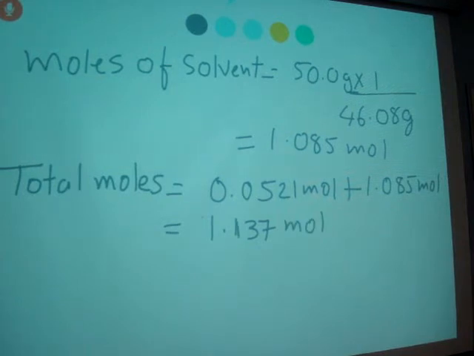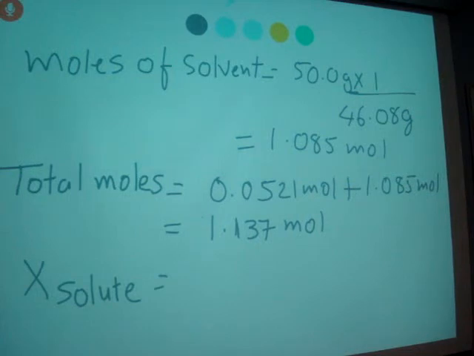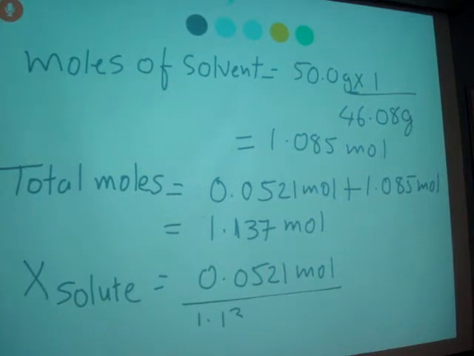Now we need to find X of solute, the mole fraction of solute. We have eugenol, 0.0521 mole divided by the total of 1.137 mole. When you calculate it, you get 0.04581. That's the mole fraction of solute.